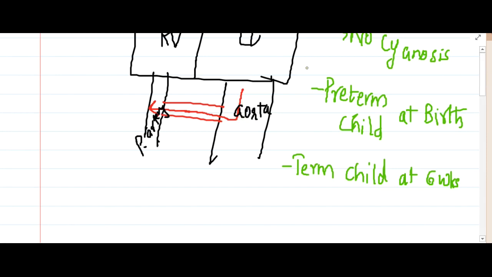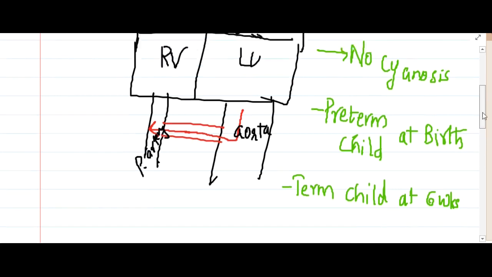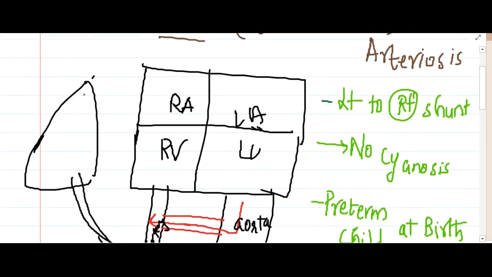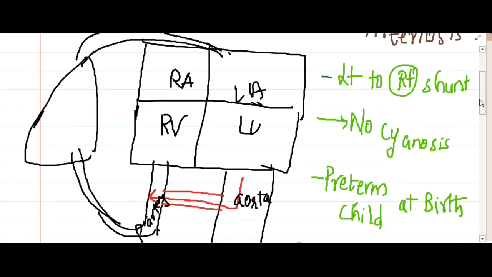When the excess blood goes into the lungs, from the pulmonary artery, and from the lungs again to the left atrium, it is difficult for the left atrium and the left ventricle to pump that blood to the aorta, because there is volume overload of blood in the left atrium and left ventricle.